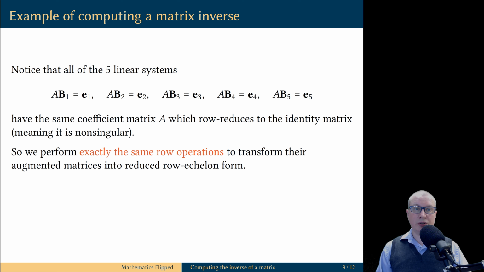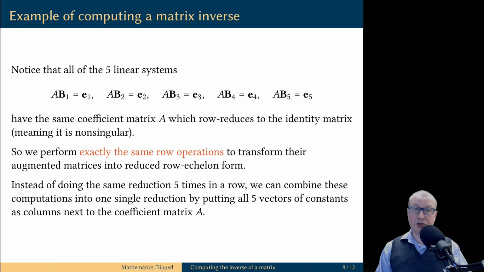Because all the essential information, all the leading ones, all the pivot columns were already contained in the coefficient matrix A. So essentially, when you reduced the augmented matrix, you reduced the matrix A, and you simply had to keep track of what was happening to the last column, which corresponded to the vector of constants.